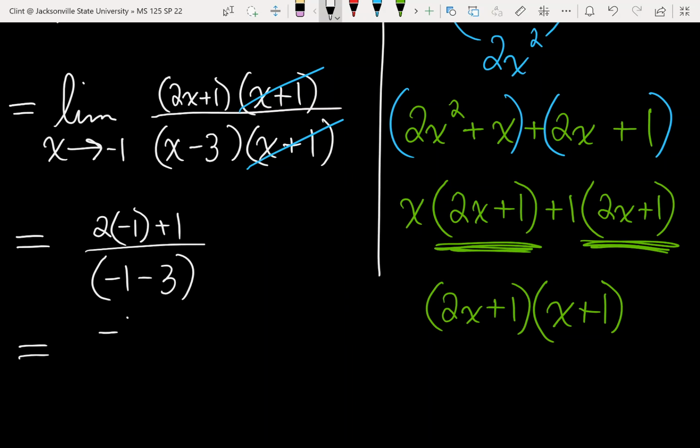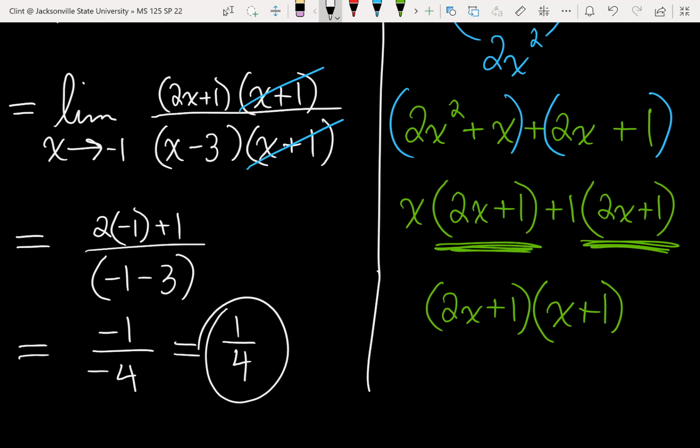Negative 2 plus 1 is negative 1. So all that scratch work was just factoring the top. On that particular one, guessing and checking is faster because you don't have many choices for the numbers.